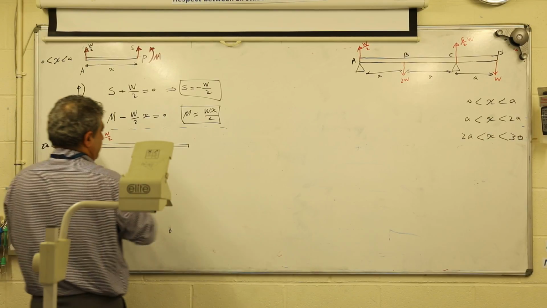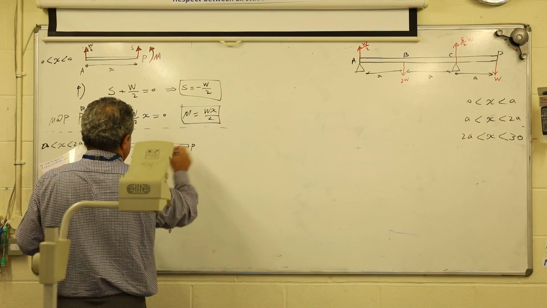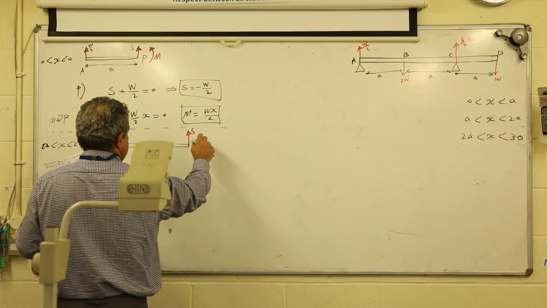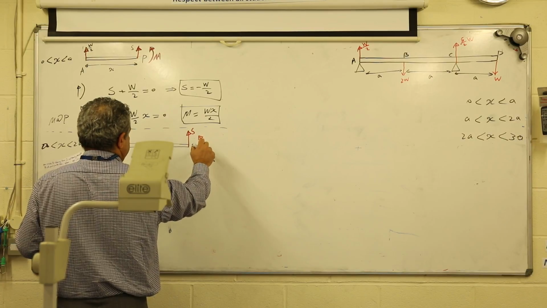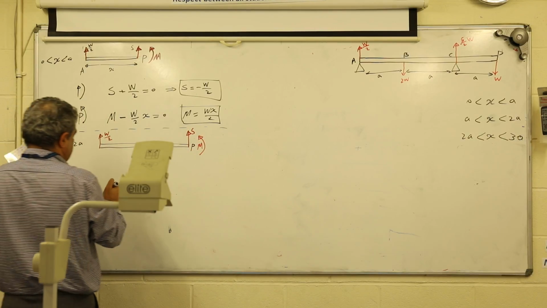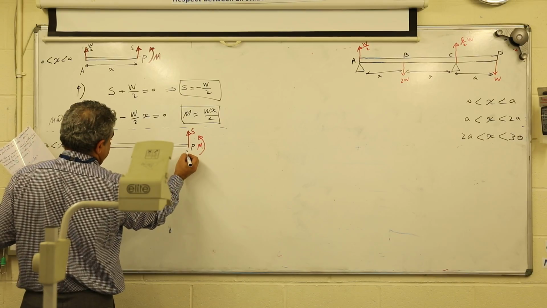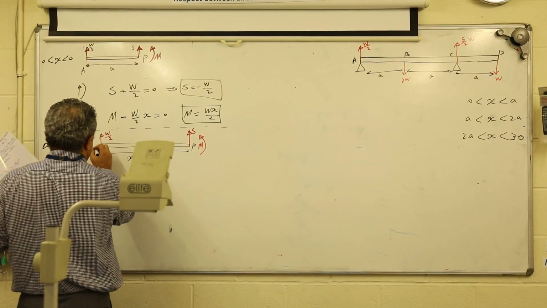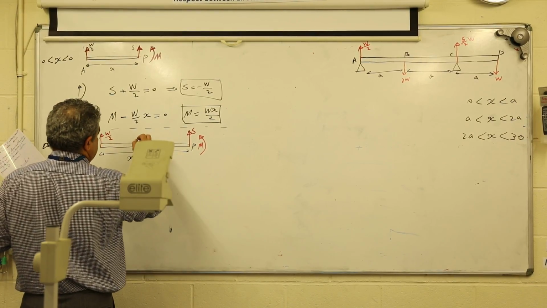Where did I cut? At point P. When I cut at point P, there was a shear force, goes up. And it was a moment as well, yes? What's the distance of the cut? Between A and 2A.